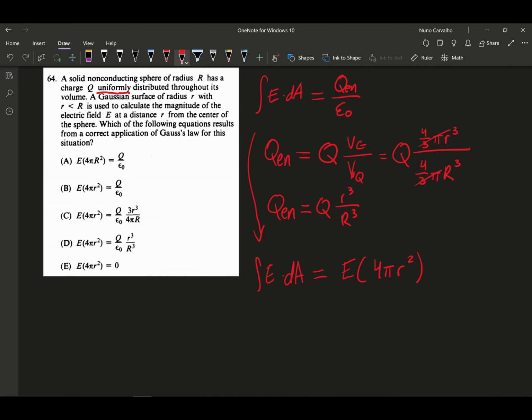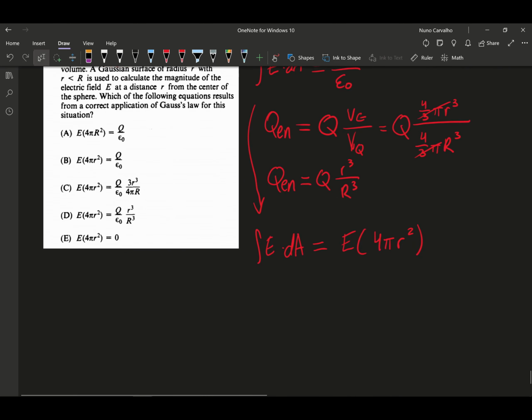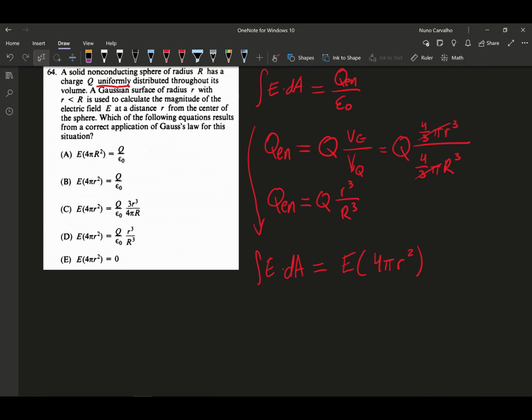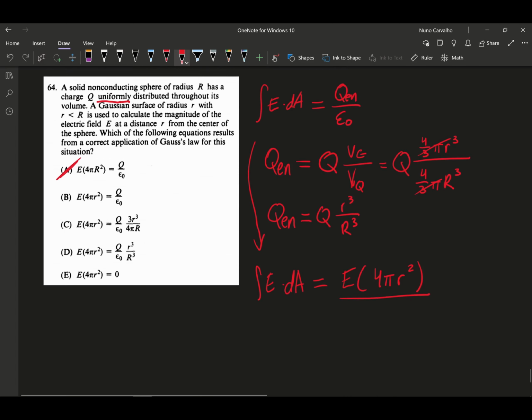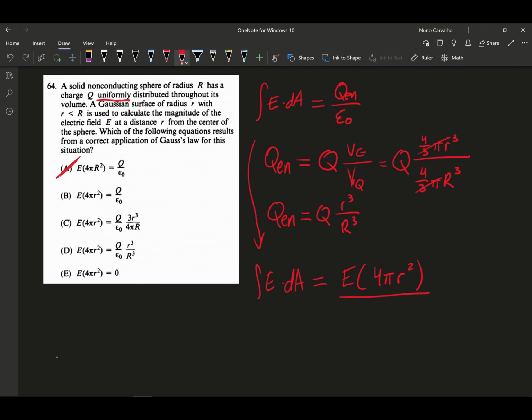And so plugging this into Gauss's formula, you'll see that we have this on the left side, which is to say, well, we know this is not going to be the answer. And then on the right side, we just do enclosed Q over that constant there. And so you'll see that only this answer choice right here, D, matches our answer.